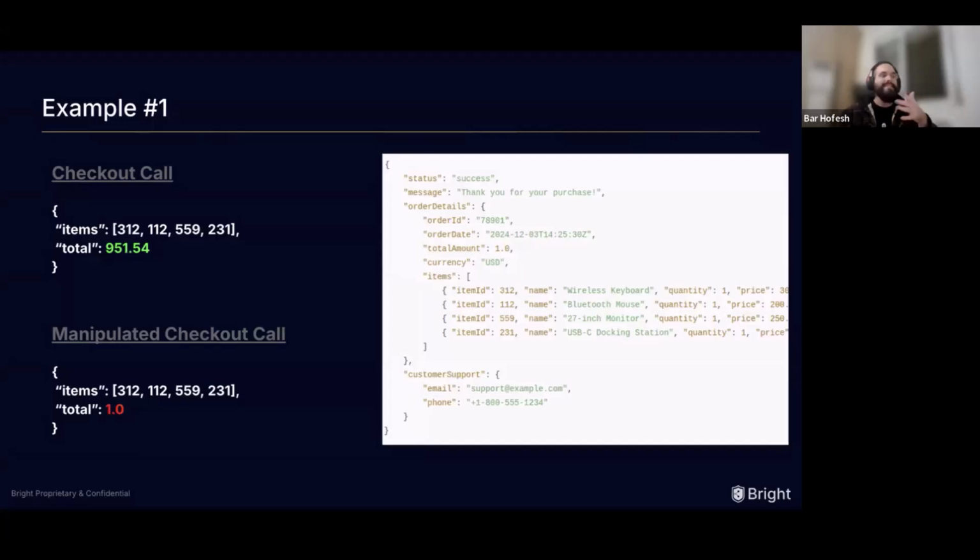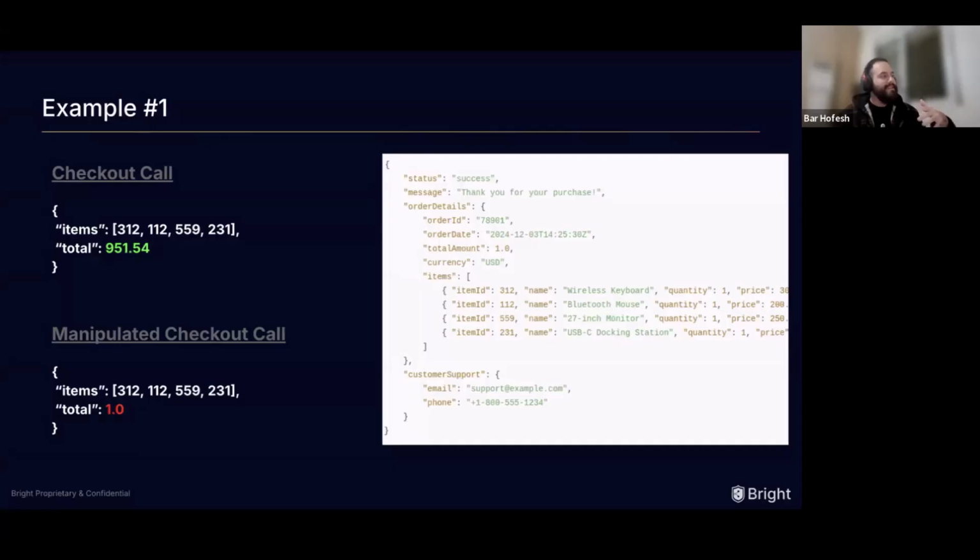Those items behind the scenes correlate into different IDs or UUIDs or some kind of an indicator that the system uses to understand it. And so, when you do the checkout, you pass the information of what you want to buy. But in this case, the application also puts the total of all of the items that you want to buy as part of the checkout API call.